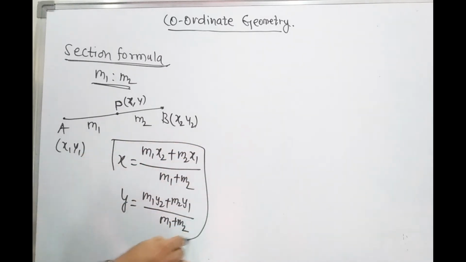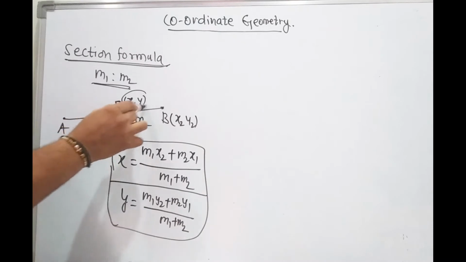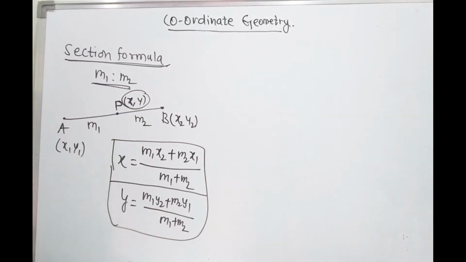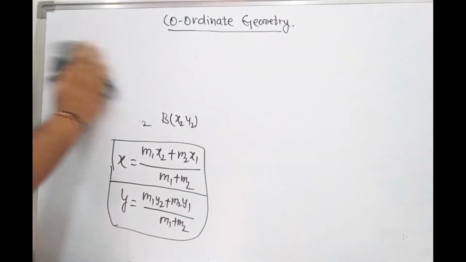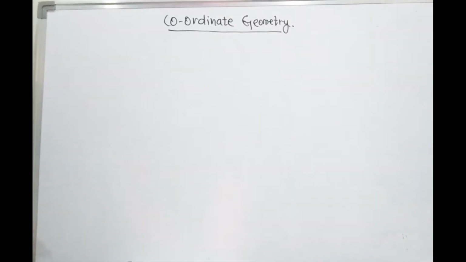So these formulas we can use for finding the coordinates of the point P when the ratio is given. Now let us solve one example and you will come to know how this section formula is useful.